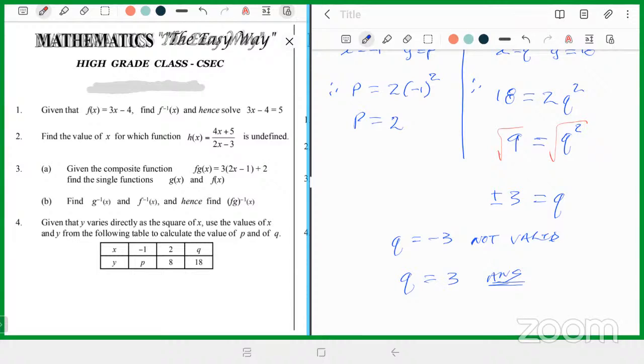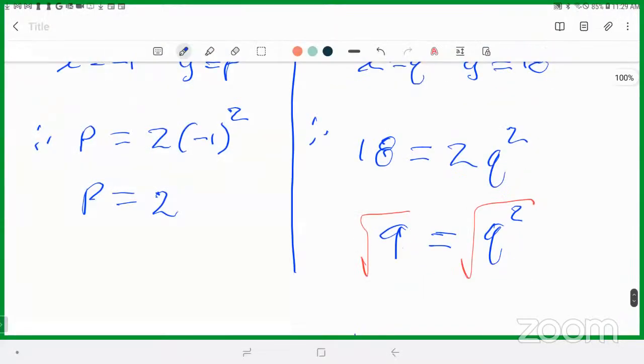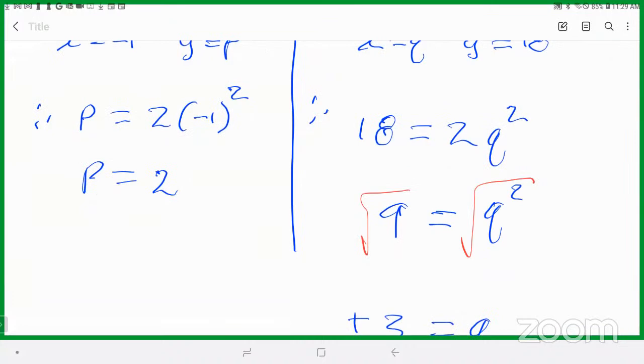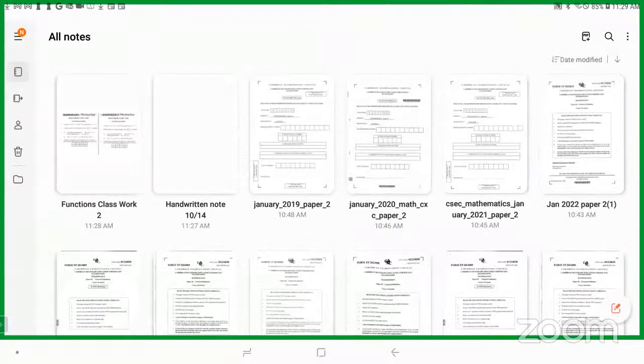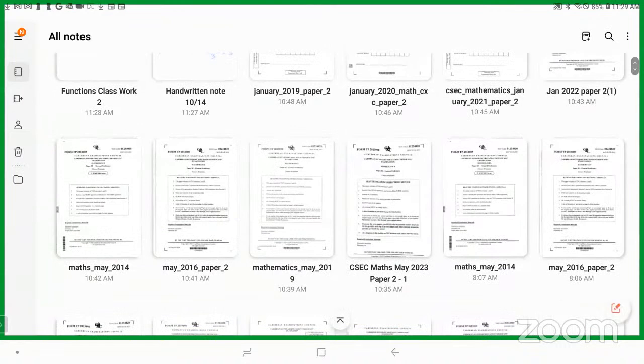So let me start. I'm going to close this down and let me go and pick out the first paper that we're going to do. We're going to do the 2023 paper. There's a functions question on the June 2023, which is the very last exam, the exam that was actually scrapped by CXC because of the leak.